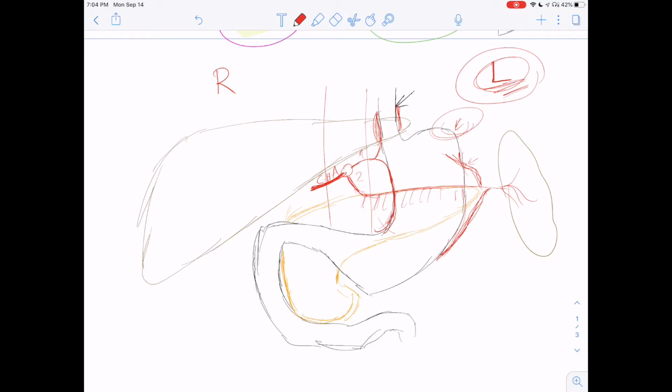We have the common hepatic artery. Gonna have gastroduodenal branch. This guy's stomach, let's say, right? Almost. This is duodenum. So this thing is gastroduodenal, because you're gonna feed part of the gastrum and part of the duodenum. This is behind, so I just do it like that.